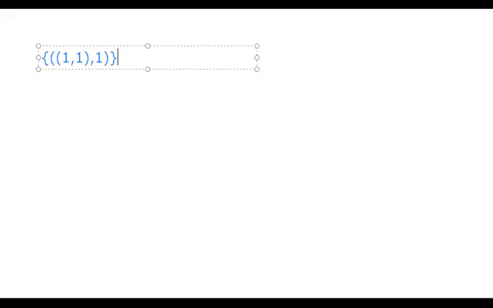It is the Cartesian product of A with itself, A cross A cross A, taken three times.